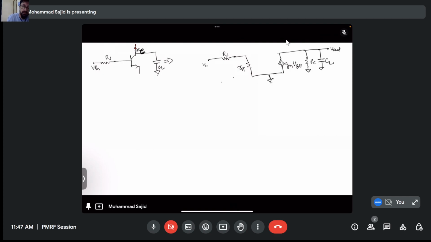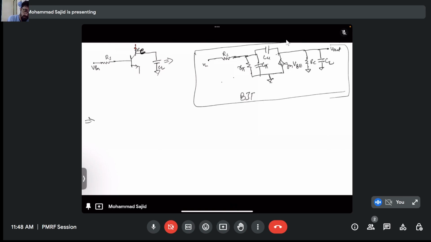Now, what is C pi? C pi is the capacitor from base to emitter, and we have another one that is a coupling capacitor between your base and collector. So this is a normal equivalent circuit for a BJT. You should know this equivalent circuit because it's important for all the questions we are going to do.